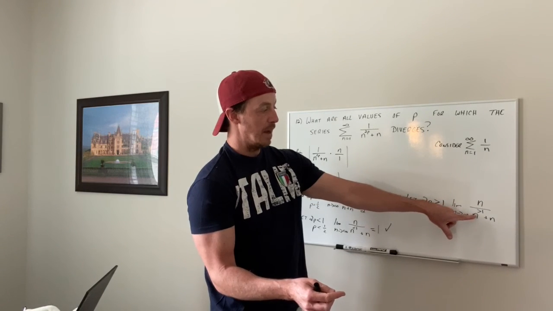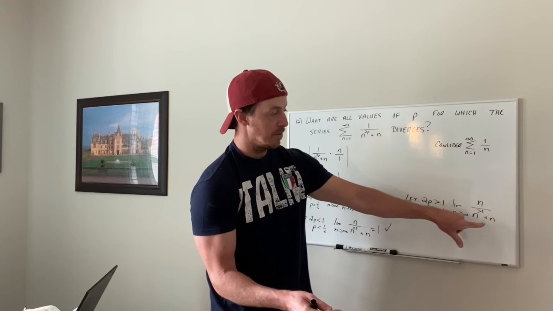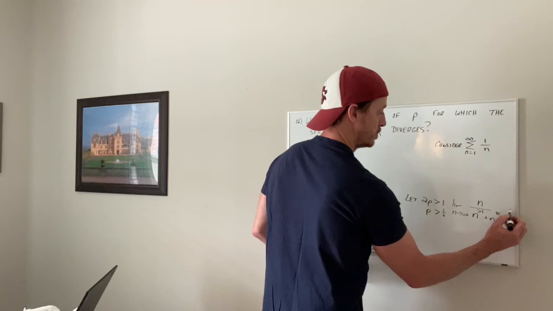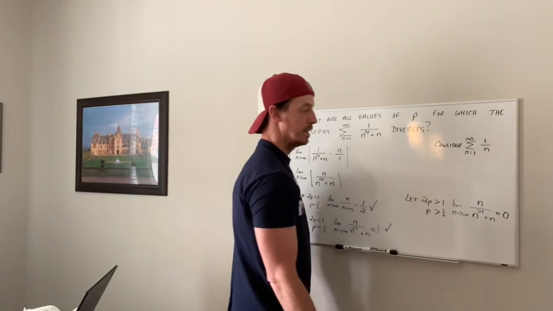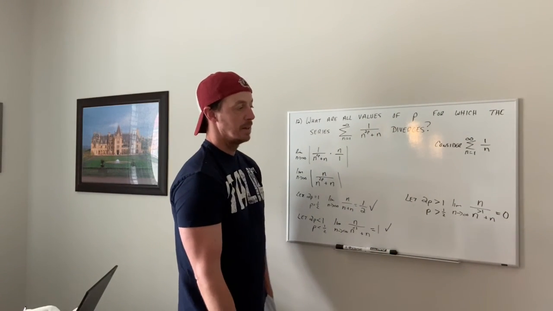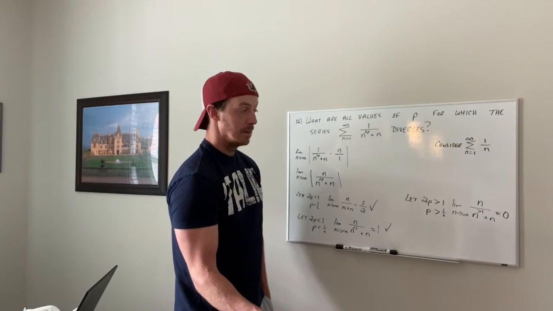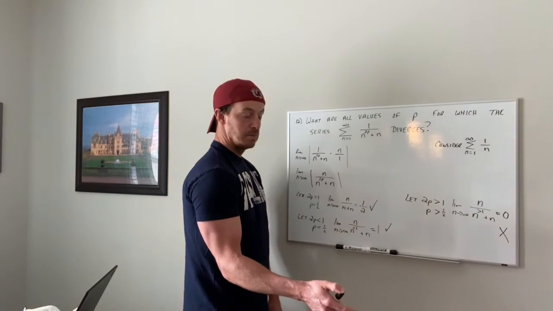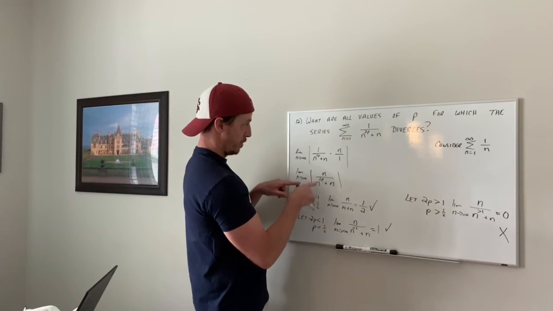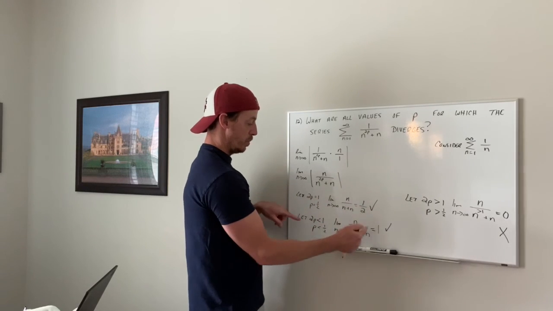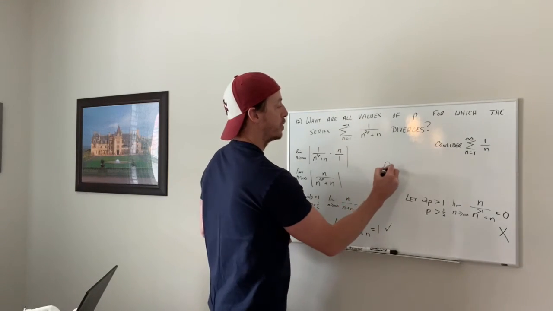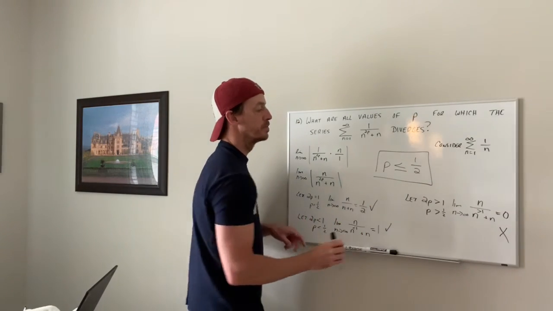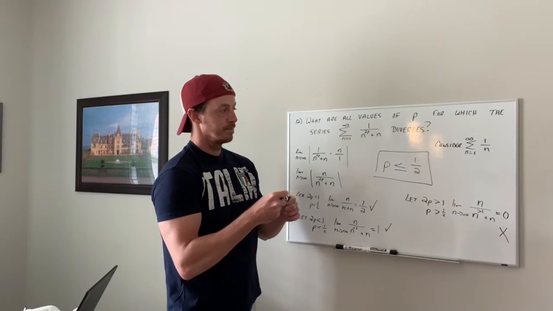That means this limit is going to 0. This expression is headed to 0 as n approaches infinity. Well, 0 is not positive, so this answer is no good for our purposes. So our answer is, for this thing to diverge, p can be equal to 1/2 or p can be less than 1/2. So our answer is p is less than or equal to 1/2. That's it.